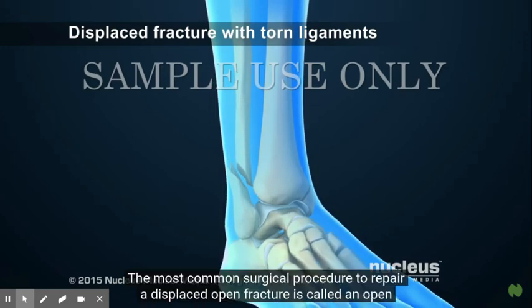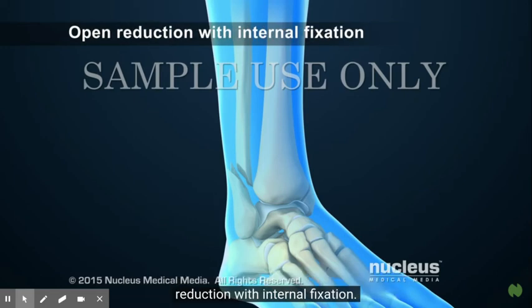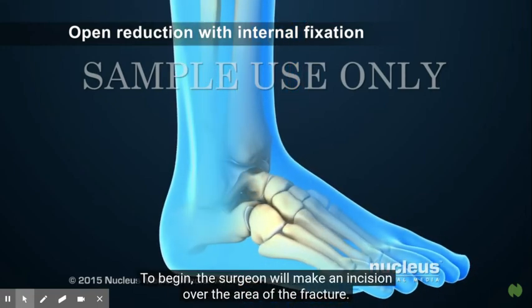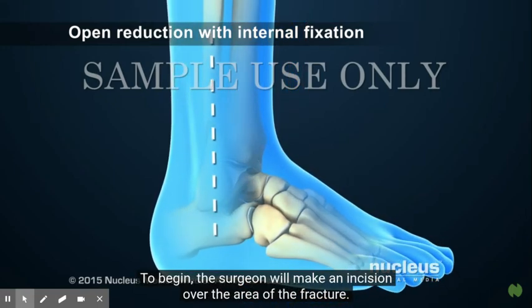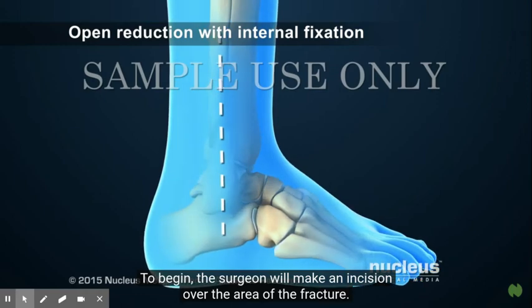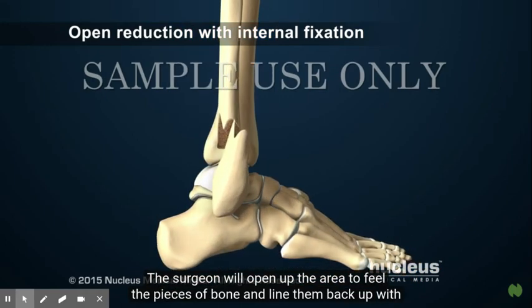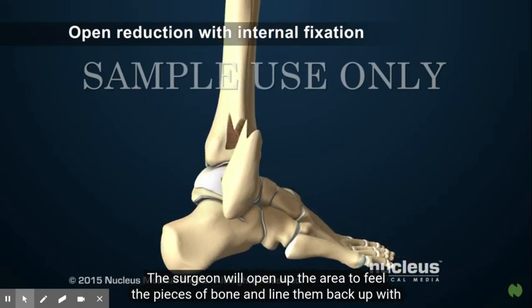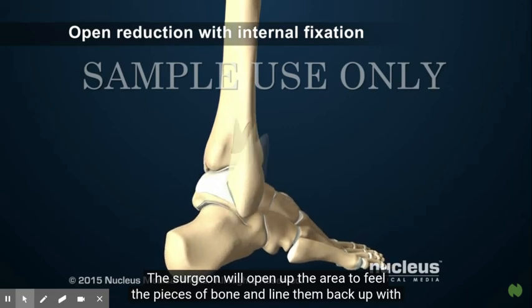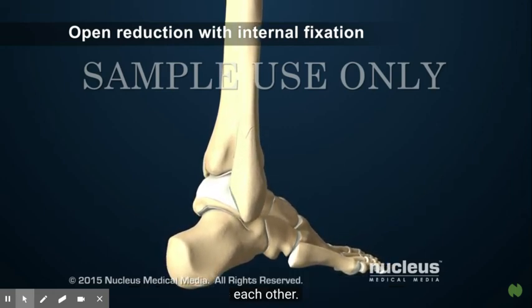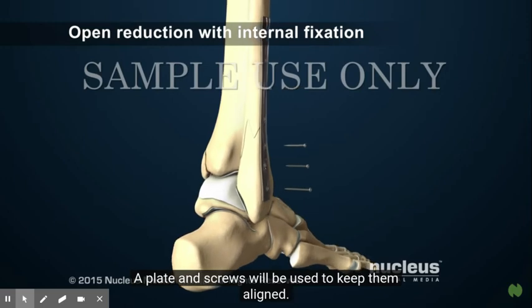The most common surgical procedure to repair a displaced ankle fracture is called an open reduction with internal fixation. To begin, the surgeon will make an incision over the area of the fracture. The surgeon will open up the ankle to view the pieces of bone and line them back up with each other. A plate and screws will be used to keep them aligned.